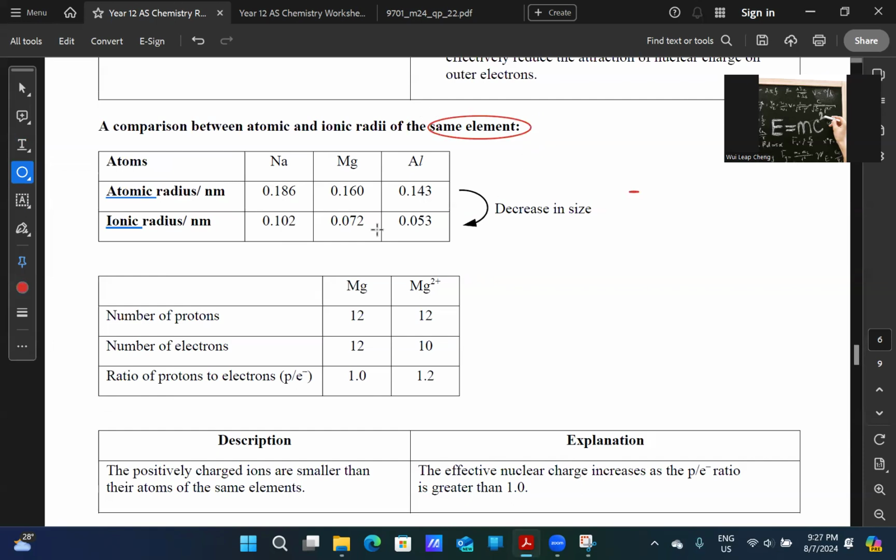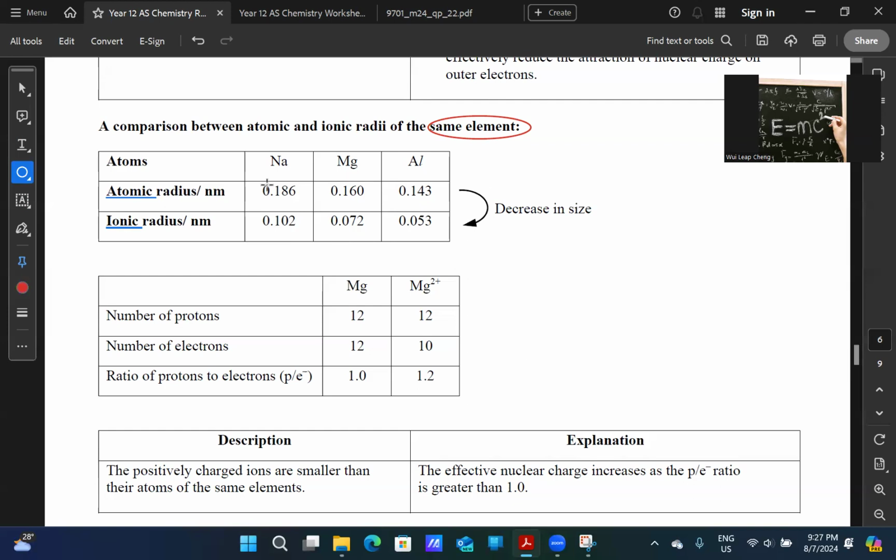Okay, look at here first. For the same element, sodium atom, sodium ion. Magnesium atom, magnesium ion. Aluminium atom, aluminium ion. You can see, compare between atom and ion, right?